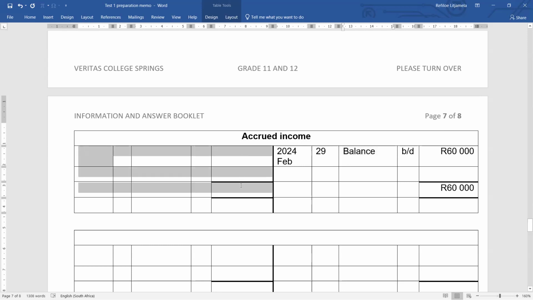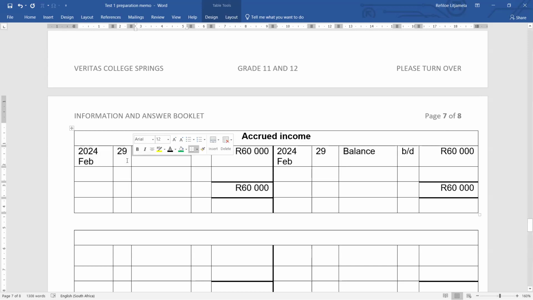Because it's an accrued income, because it's an asset, it will increase on the debit side. So I am going to write here rent income, general, and the amount will be 23,800. My total will be the same amount, 23,800.